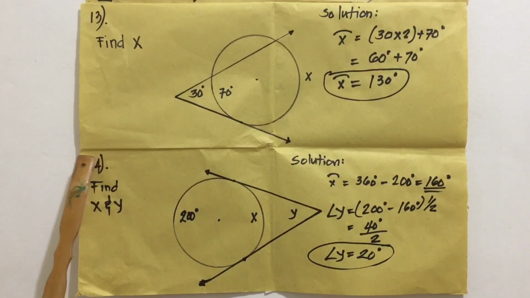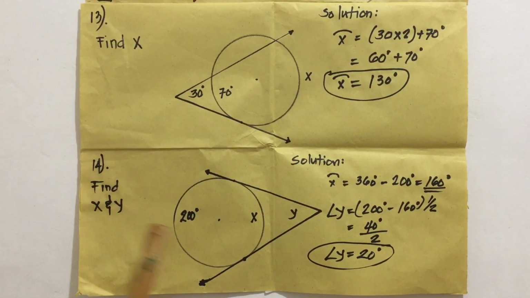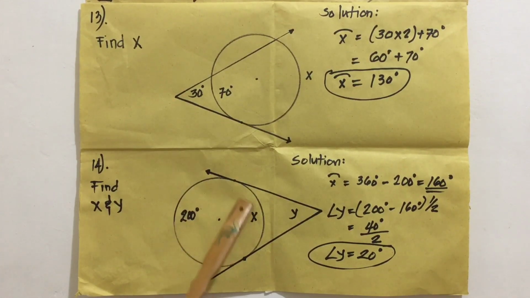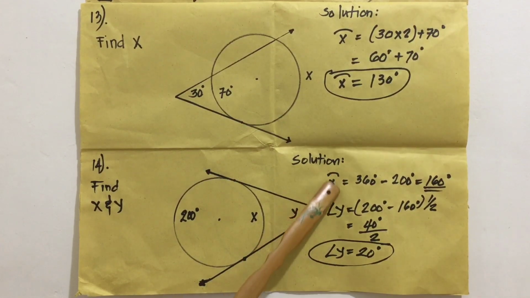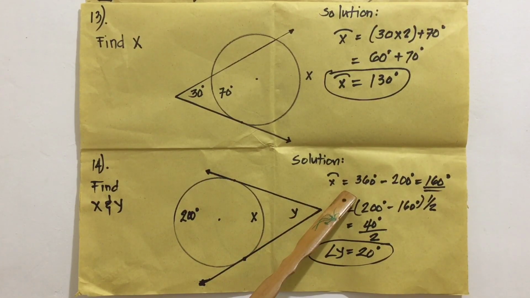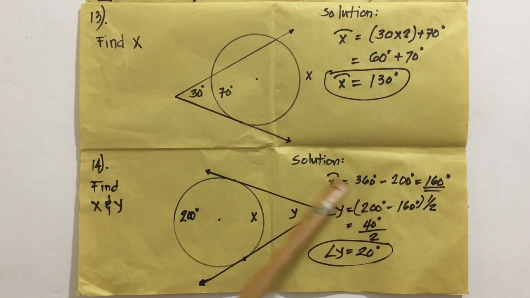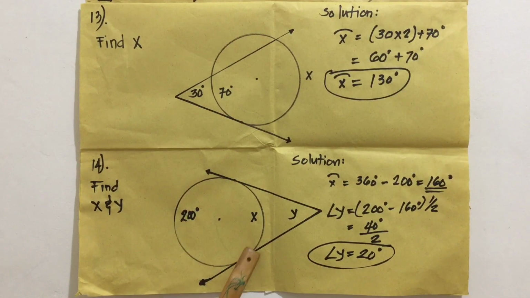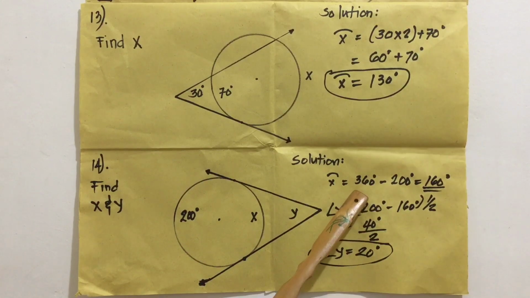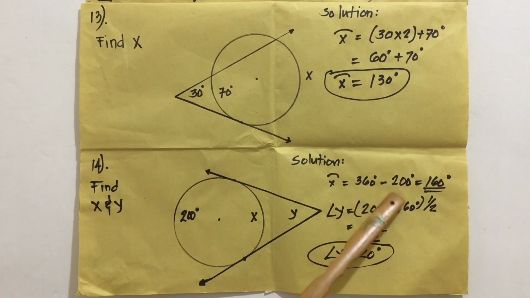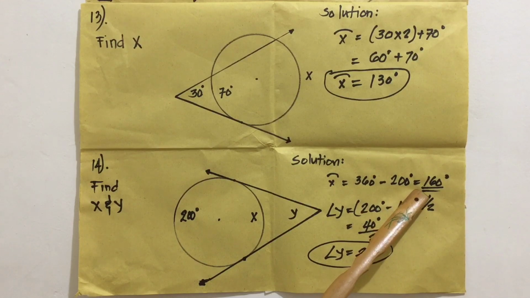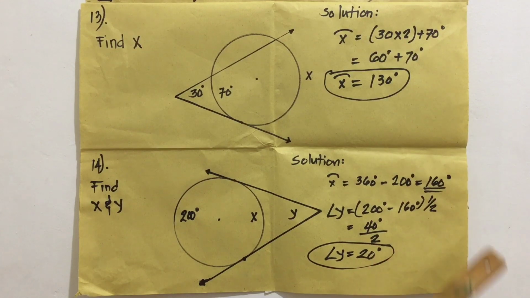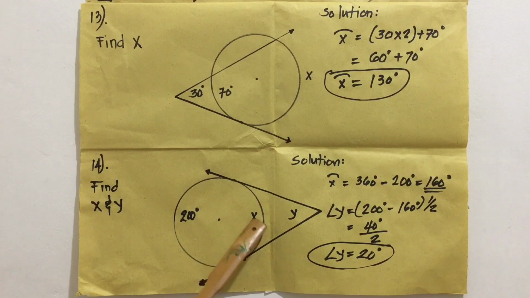Next, number 14, find the x and y. To find the measurement of x and y, our solution now is arc x equals 360 degrees, because the measurement of one circle is 360 degrees. Then minus the given 200 degrees. Then we have now the difference, 160 degrees. That's for x.